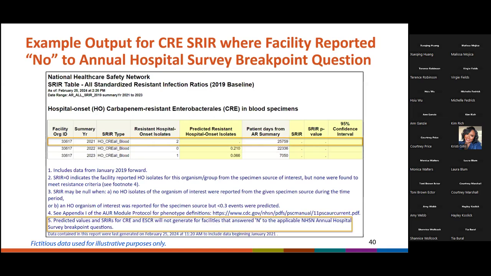When the facility runs the SRIR report, data for 2021 in the SRIR tables will not display predicted resistant hospital onset isolates, the SRIR, the p-value, or the 95% confidence interval. These values will appear missing in the report. As mentioned earlier, the SRIR and extended spectrum cephalosporin resistant Enterobacterales tables will have this 5th footnote included.